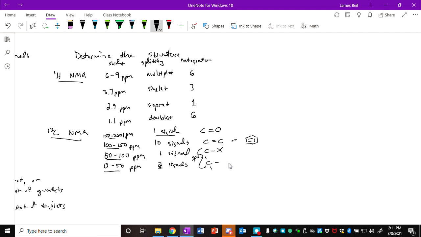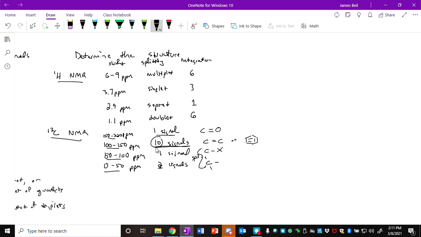I've got 2 carbons of this type. I've got 10 carbons of this type. So the more signals I have between 100 and 150, the more likely it is going to be some ring, or in this case, possibly fused rings.